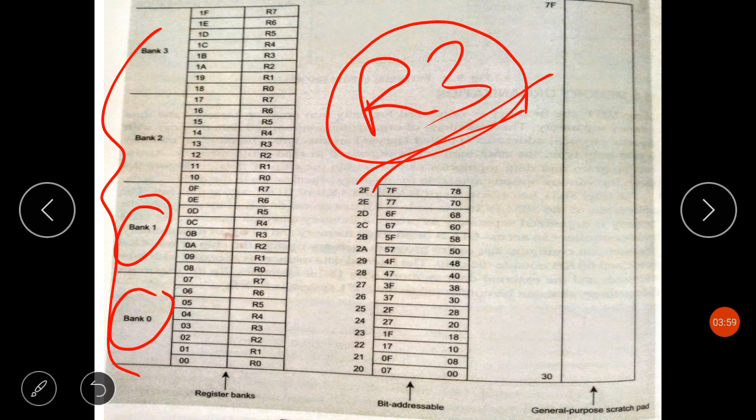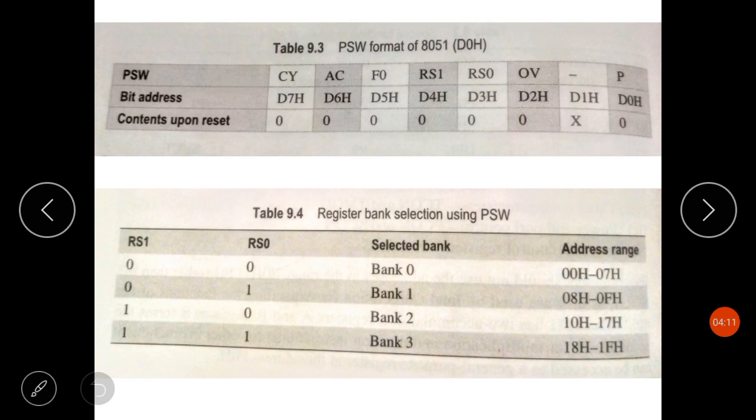There are 4 banks, and from these only one bank is active at a time, or only one bank can be selected. And how can it be selected? Through the program status word register.